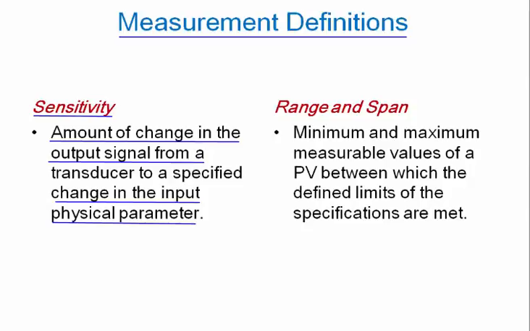Okay, so we then look at issues such as range and span. And I want to introduce a few concepts here to say that if I draw a scale of an instrument, I say that the bottom end of the instrument is what we call 0%, and the top end is 100%.